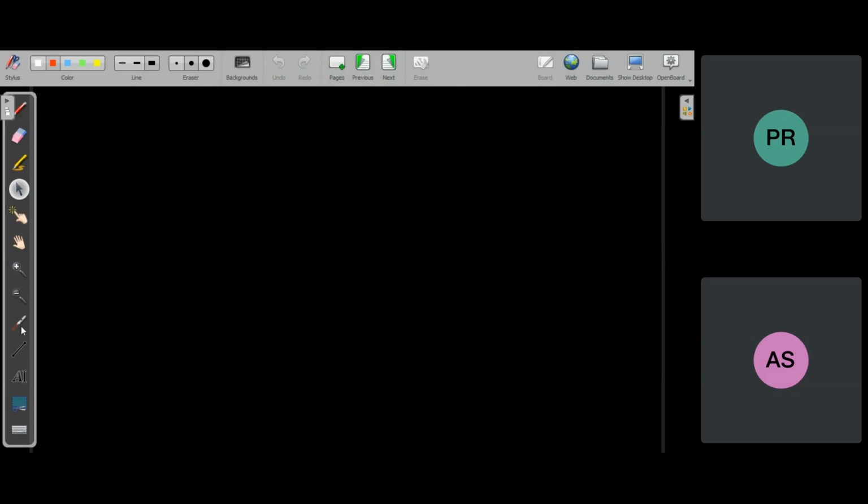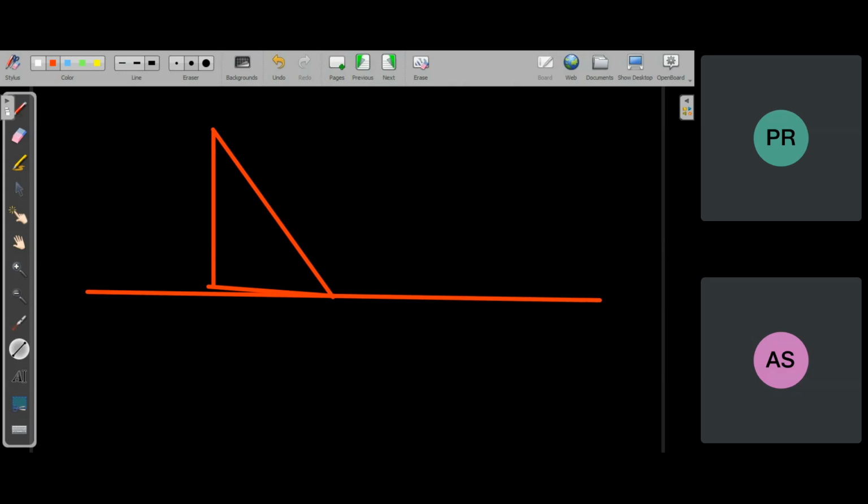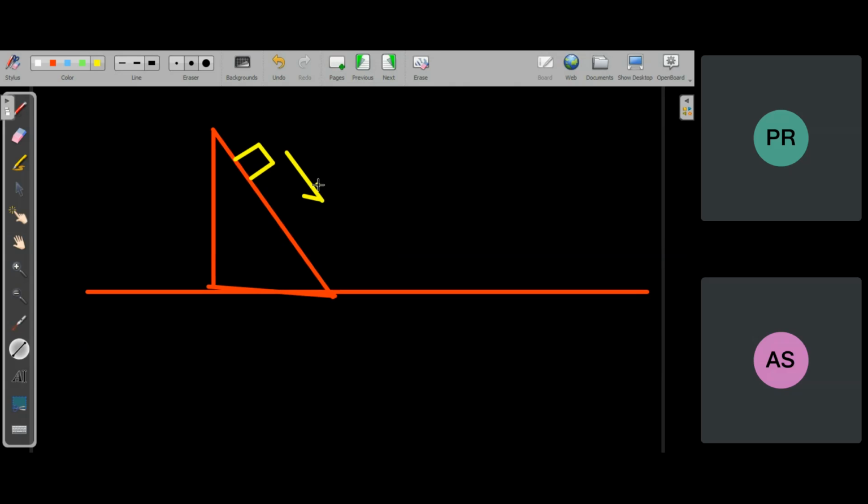For example, suppose there is a wedge kept on a smooth horizontal surface, and there is a block which is slipping on it, and now the wedge is also not fixed, the wedge will also slip.